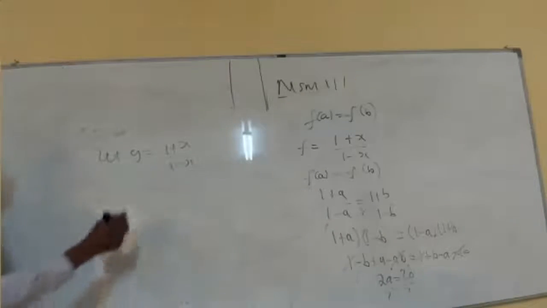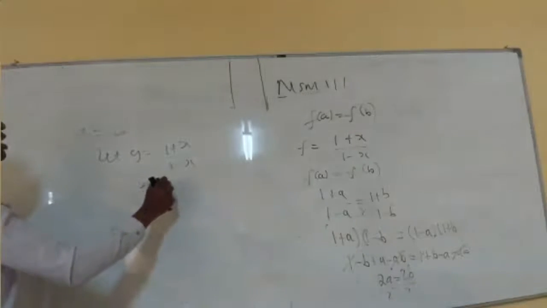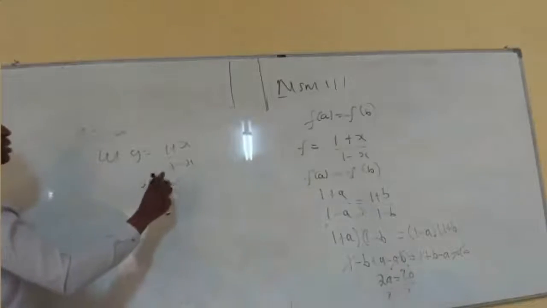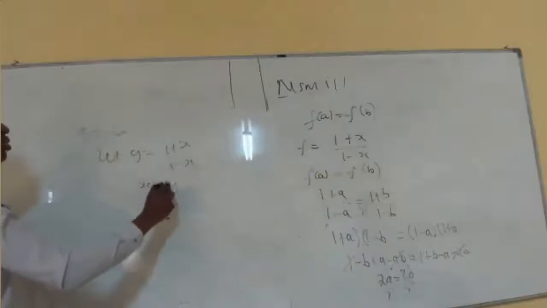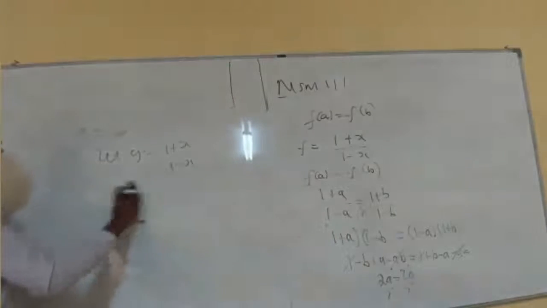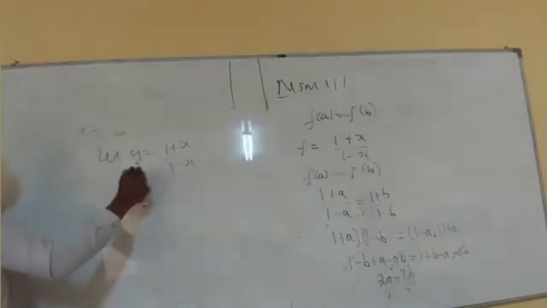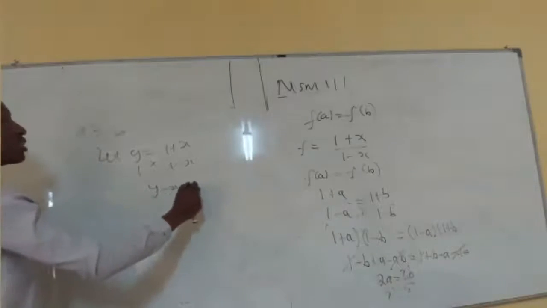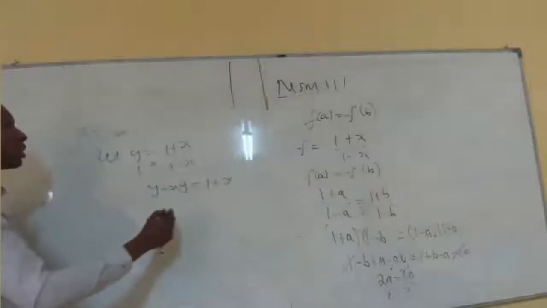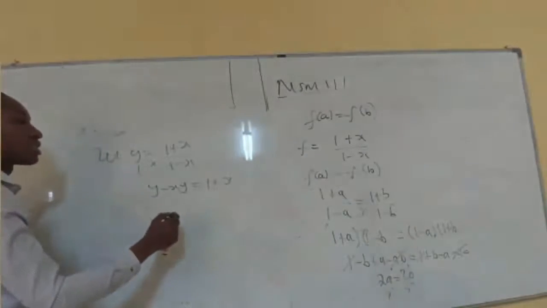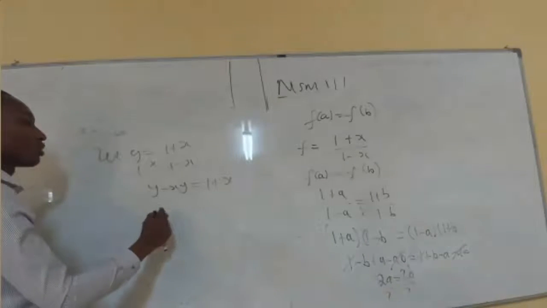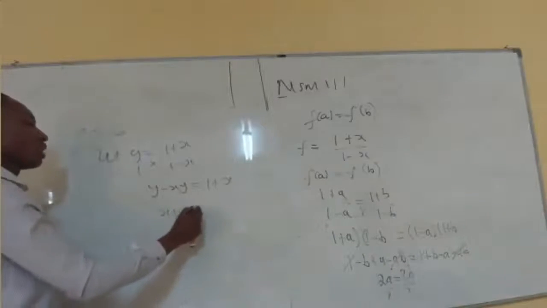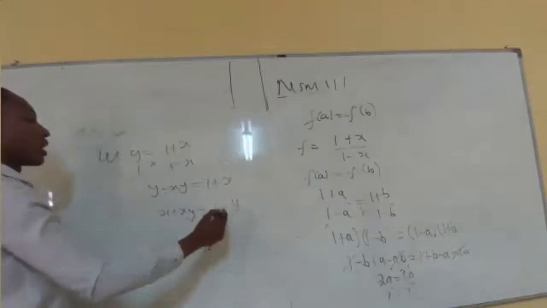We're looking for the inverse, so cross multiply: we have y minus xy is equal to 1 plus x. Then make x the subject of the formula, so we have x plus xy is equal to 1 minus y.